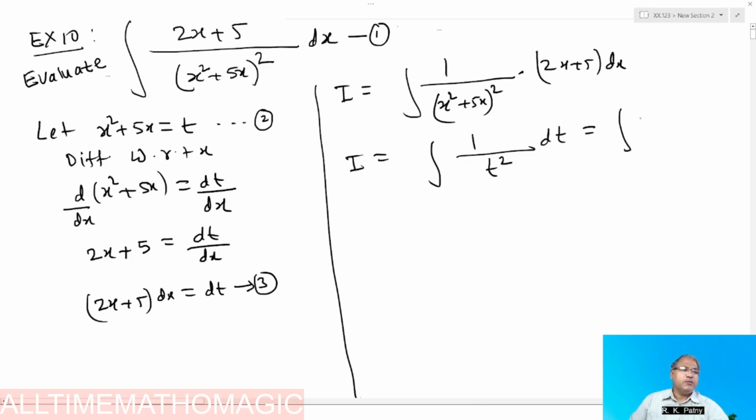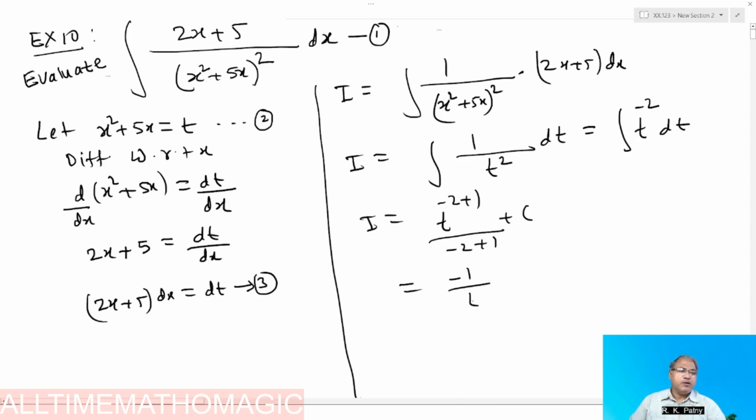This can be written as integration of t raised to minus 2 dt. So I equals to t raised to minus 2 plus 1 upon minus 2 plus 1 plus c, which is nothing but minus 1 upon t plus c. Now but t, what is the t? T is nothing but x square plus 5x. So minus 1 upon x square plus 5x plus c. This is the required solution.